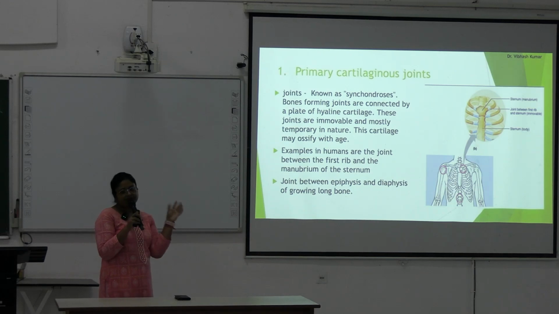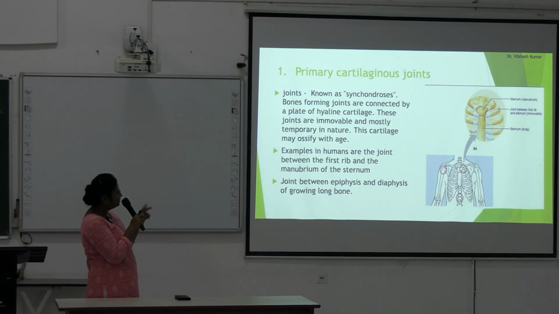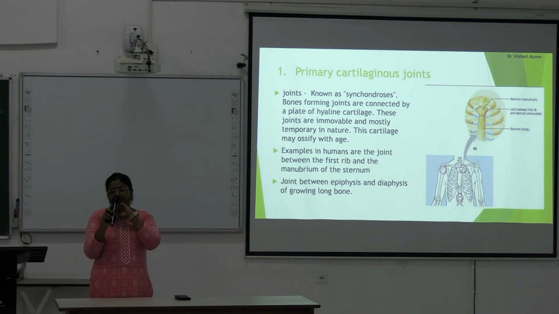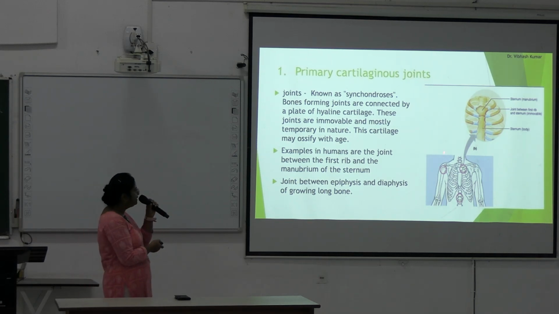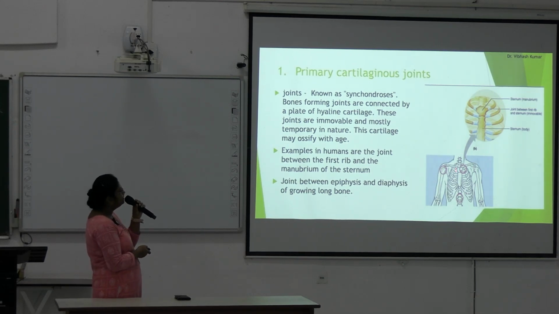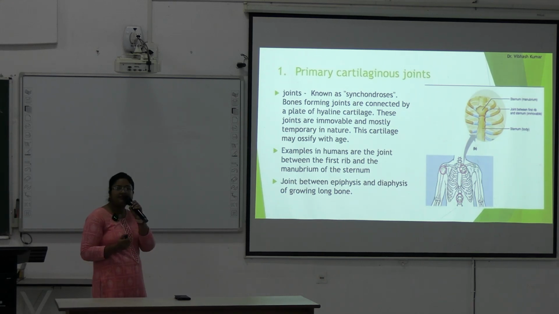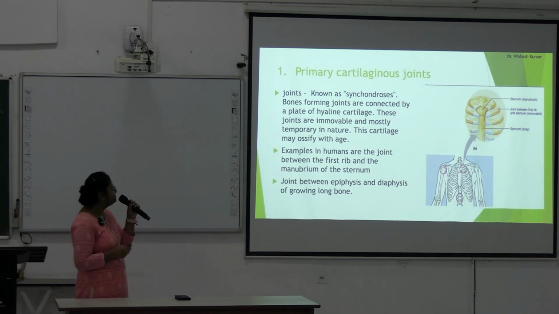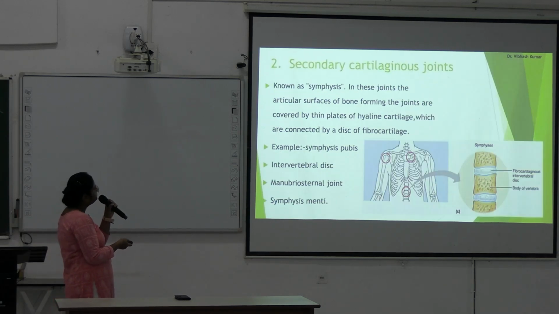A long bone develops from two centers, primary and secondary. The middle part of a long bone is known as the diaphysis, and at the two ends develops the epiphysis. At the junction between the epiphysis and diaphysis, primary cartilaginous joints are present. Understood? So you have understood the examples of primary cartilaginous joints.